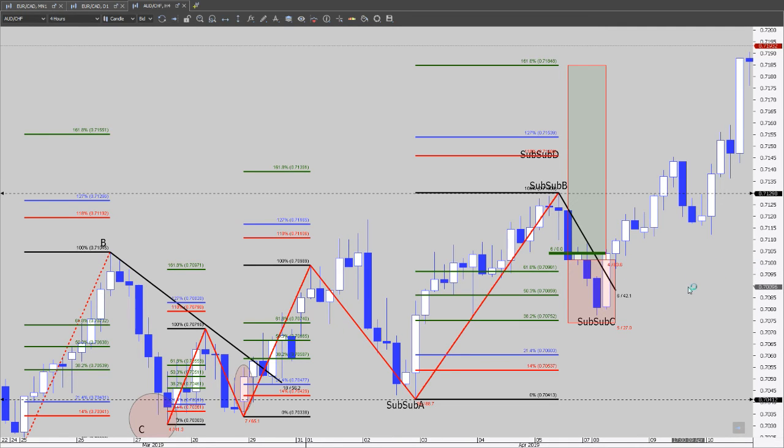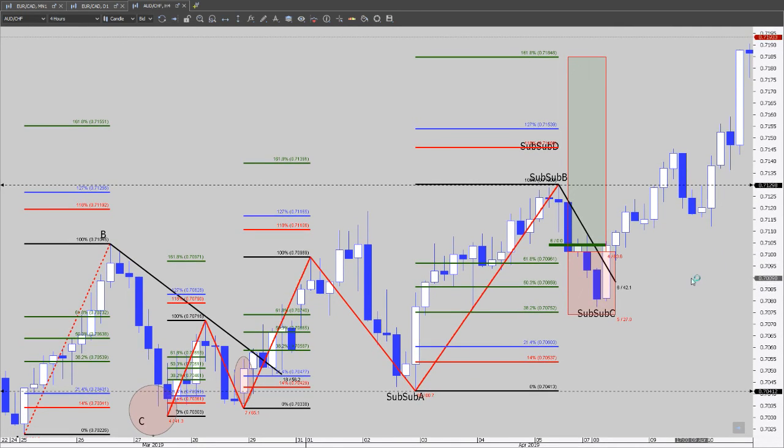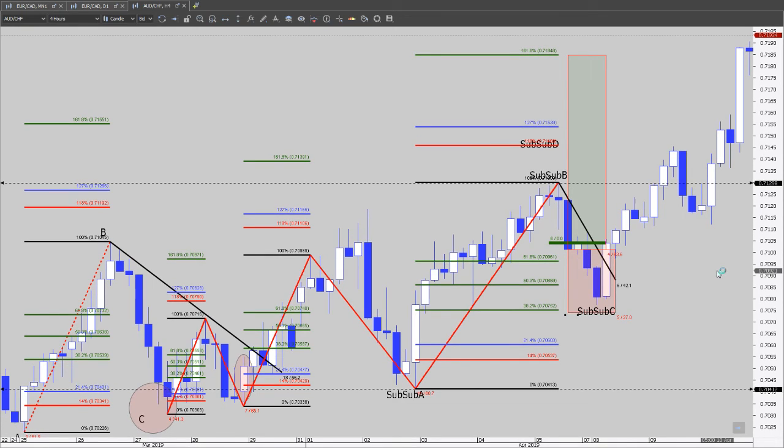Nicely done, right? So if you can learn how to use the confirmation Fibonacci, you can re-enter the swings, you can re-enter the original Fibonacci. And also remember that the Fibonacci is not 100%, but it's 80%, 85%.